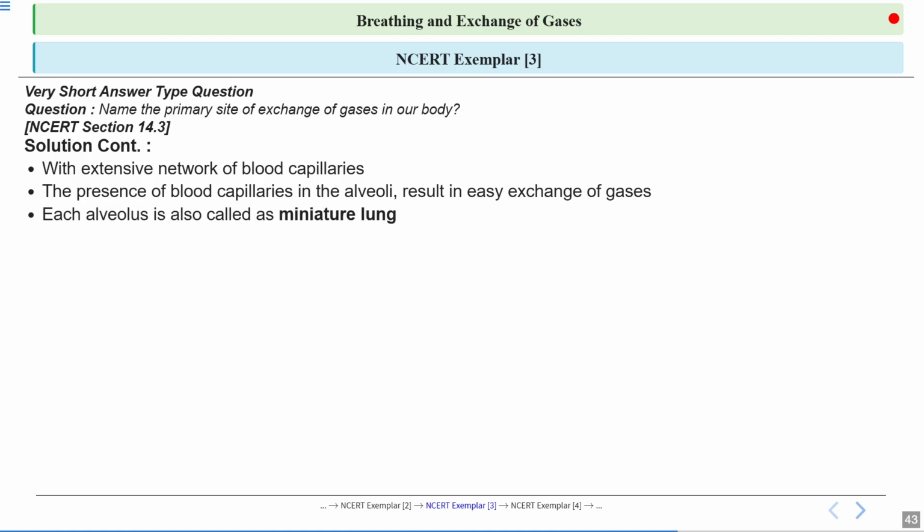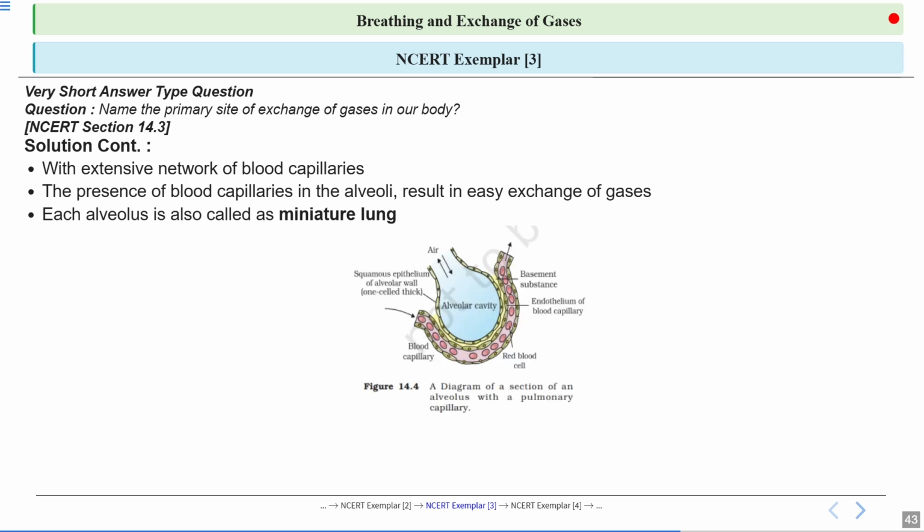Because you can see that it's very thin, 1 millimeter thick, and the three walls: alveoli wall, capillary wall, and the basement substance, right? Each alveolus is also called a miniature lung, right?